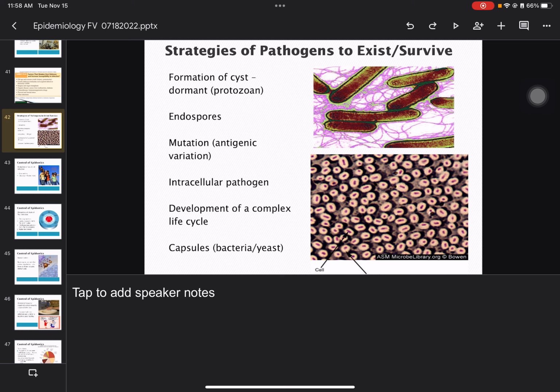The development of a real complicated life cycle, just about every single parasite that there is, and the formation of capsules, all of which allow these organisms a competitive advantage in the environment that they're in, and the most important environment that we're interested in is a human body.